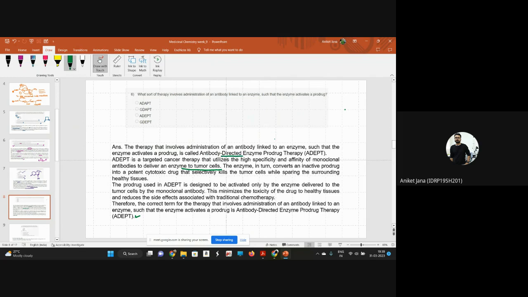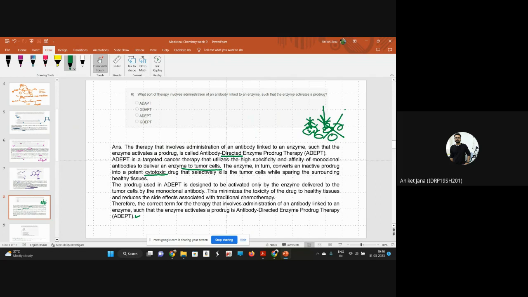In many cases we are delivering a cytotoxic drug, right? Cytotoxic means it kills the cancer cells, right? There are a large number of cells, with uncontrolled cell growth. So the drug is killing the cells, right? Now imagine if this drug starts to kill the normal, healthy cells of our body, then it will be very problematic or devastating. Then all the cells in our body would be killed by the drug.